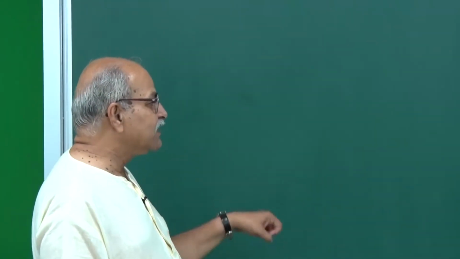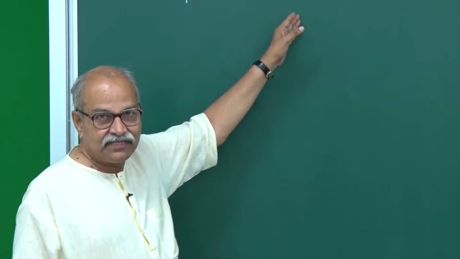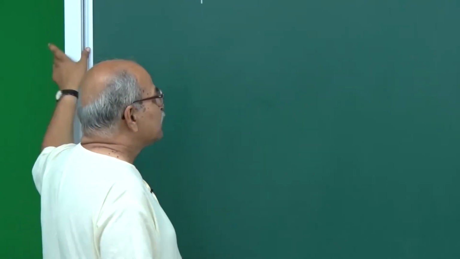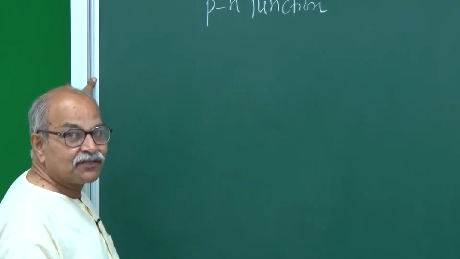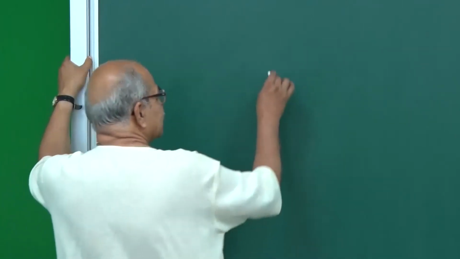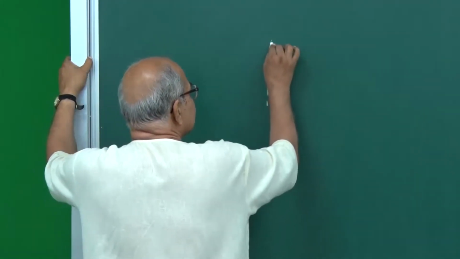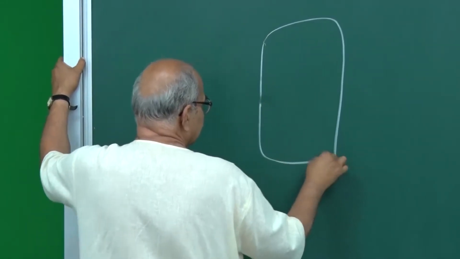The impurity level has to be very low if you want to make electronic devices out of it, and that impurity level must be, let us say, less than 1 part in 10 to the power 10.